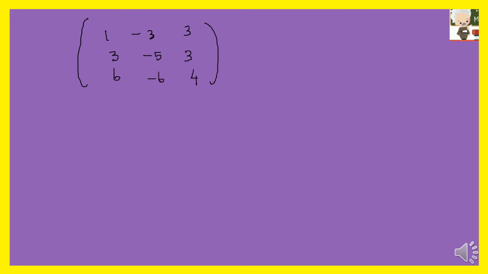Right? So what is my characteristic equation which I said some time before? It is lambda cube minus trace into lambda square plus A11 plus A22 plus A33 into lambda minus determinant is equal to 0.